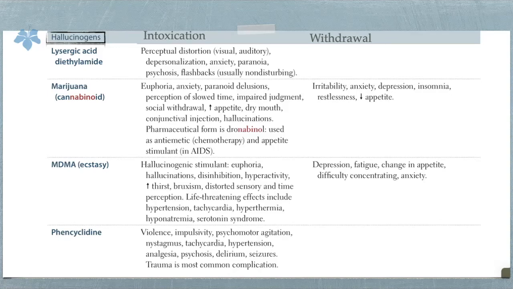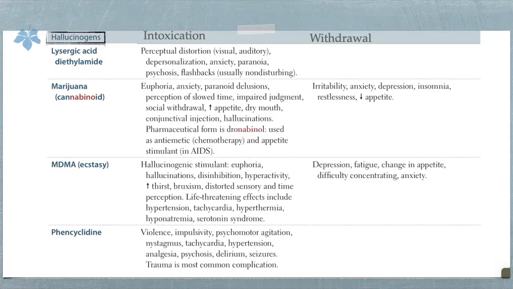When a patient is taking marijuana, he or she has increased appetite. In withdrawal, the appetite will conversely reduce. Another significant feature is conjunctival injection.